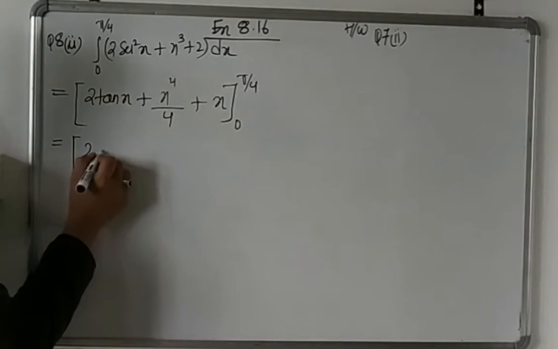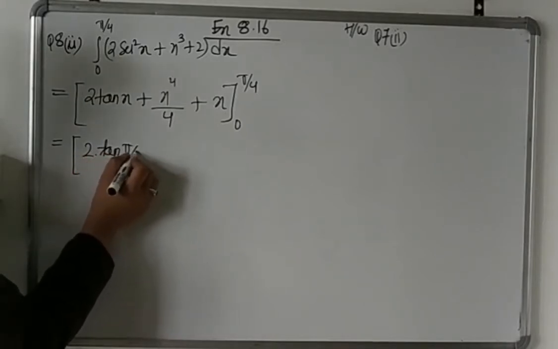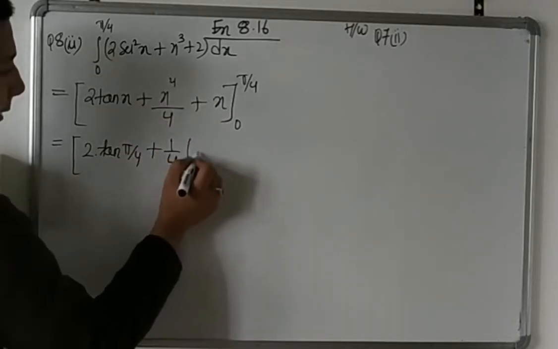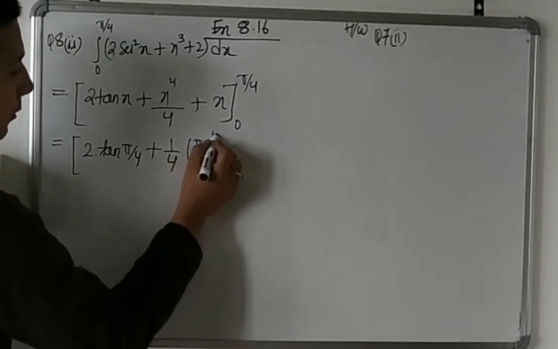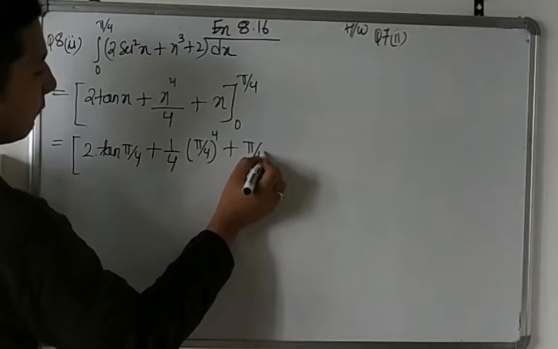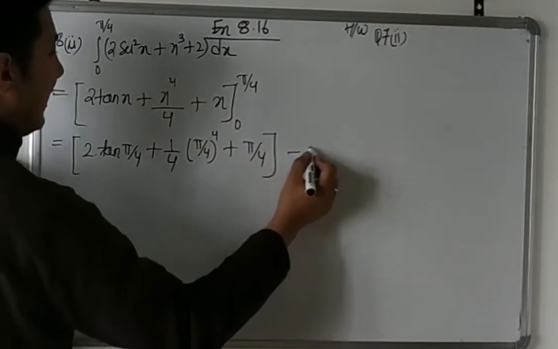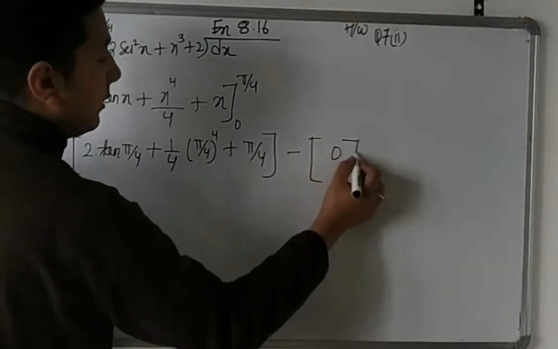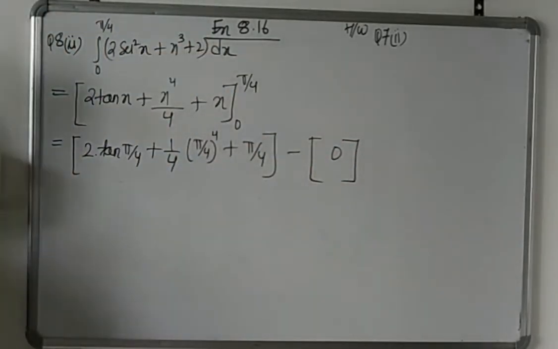So therefore this is twice tan pi by 4 plus this is 1 by 4, which is a constant, and pi by 4 whole to the power 4 plus pi by 4. And now when we put x equal to 0, this is 0, this is 0, this is 0, so everything will be 0. So we just have to simplify this.